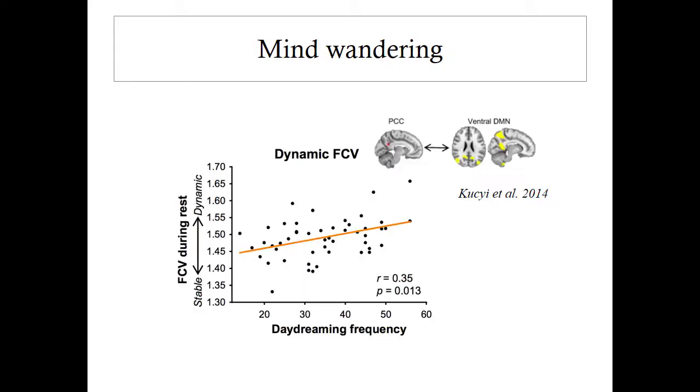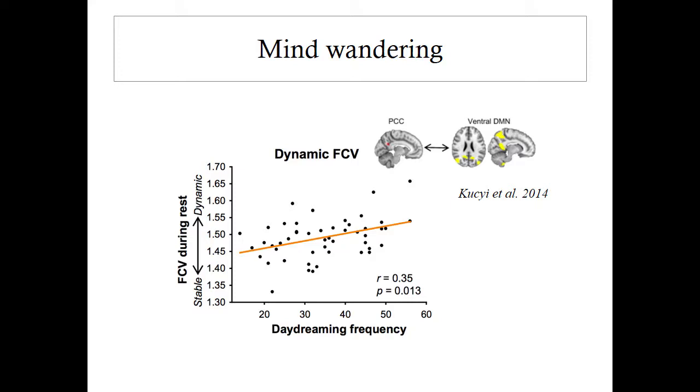There also seems to be a connection with mind wandering, probably also something that happens a lot in our scans. And so you might be wondering, how are they able to tell if someone's mind was wandering? And the answer was that they just asked them. So every once in a while, they would interrupt the subject and ask how much their mind was wandering.